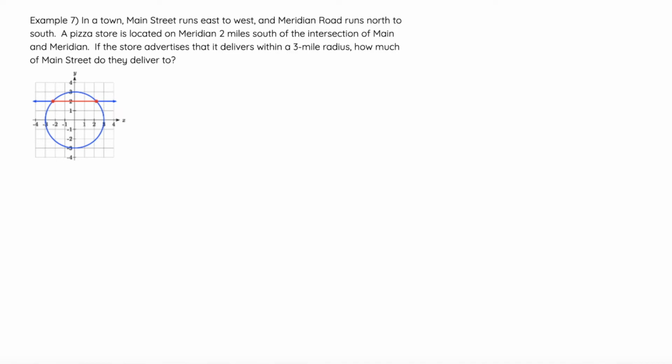So I have a start of a picture here. Let's assume that this here is Main Street, since it is running east and west, so left and right. Meridian Road runs north and south, so we'll say that the y-axis is Meridian Road.